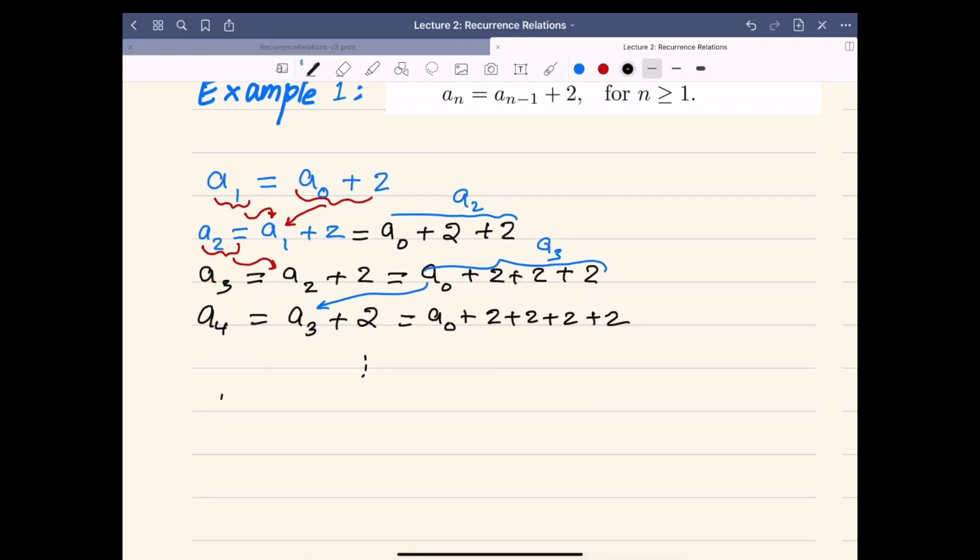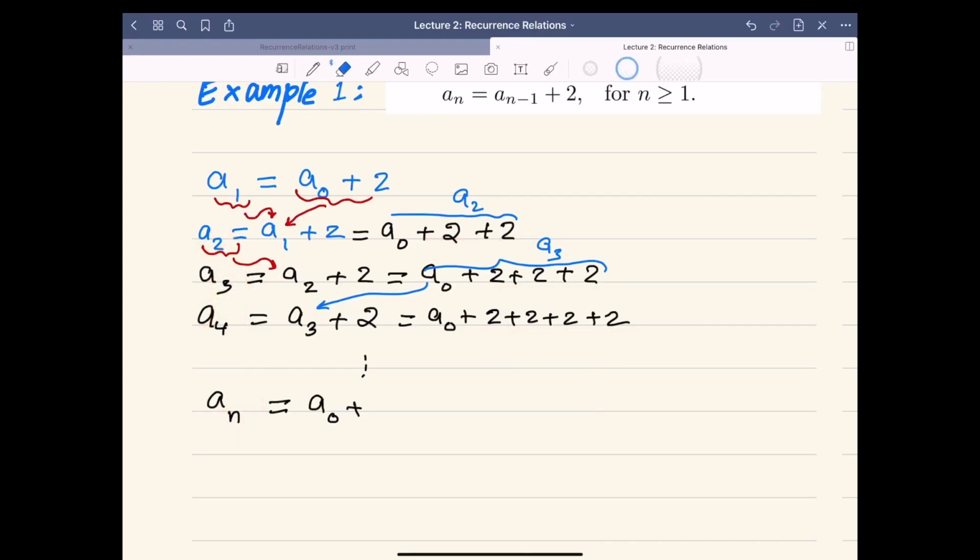If instead of 1, 2, 3, and 4 we put n, how can we guess the solution on the right-hand side? All of the solutions on the right-hand side begin with A0. Here we have four 2's, here three 2's, and here two 2's. So if I have n, how many 2's are we going to have?